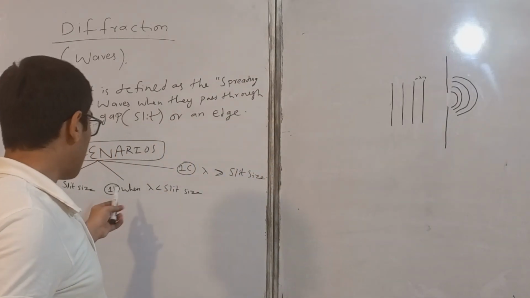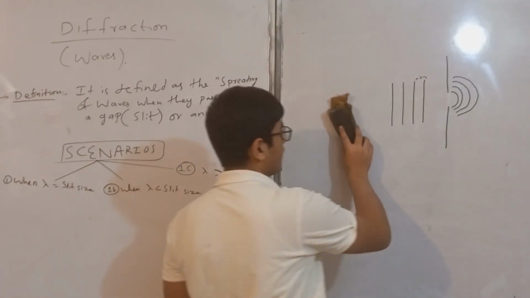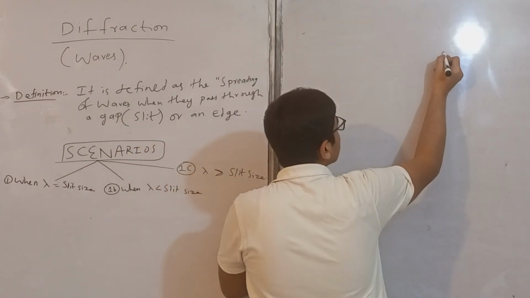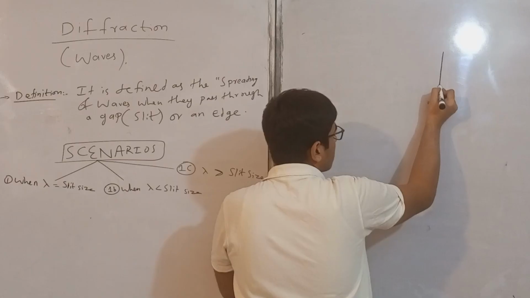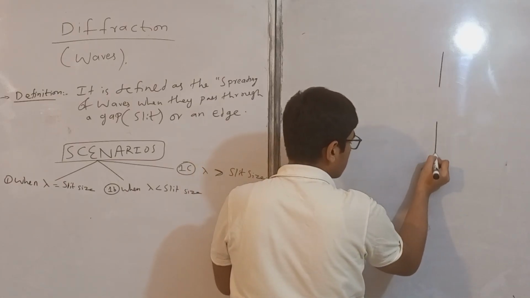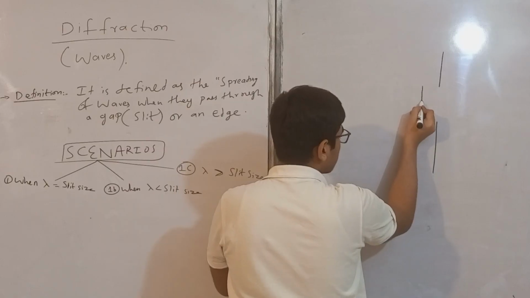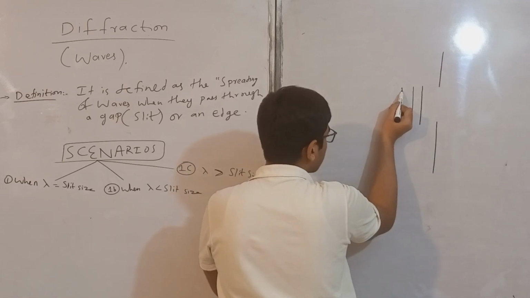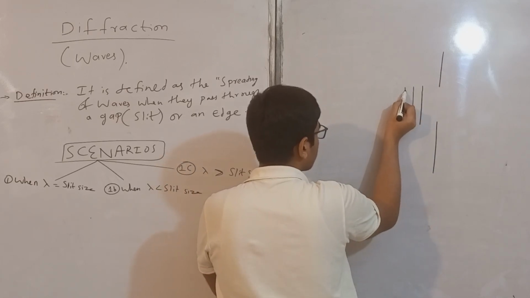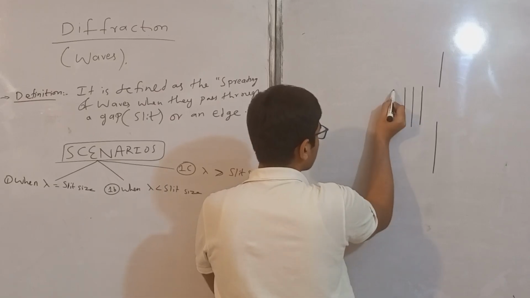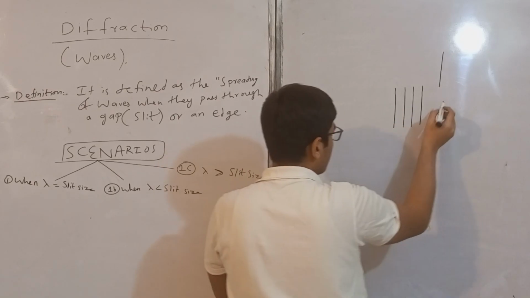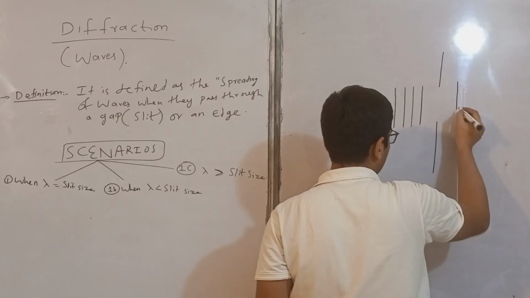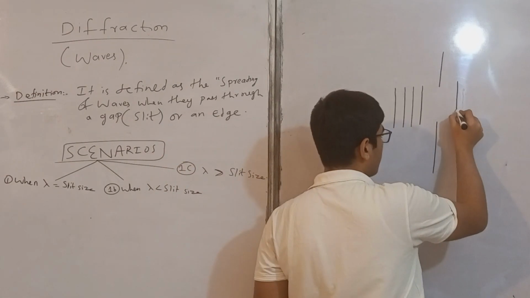Scenario number 1b, when lambda is greater than slit size. Sorry, lambda is lesser than slit size. When it passes through this, it will not form a curvature because the gap is so wide that we will not be able to see diffraction properly.